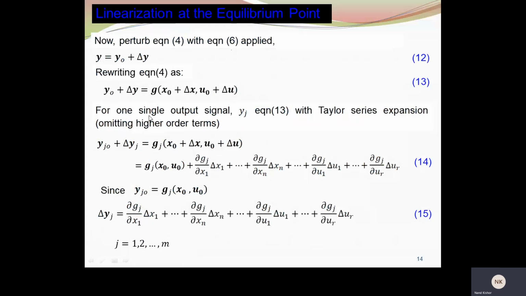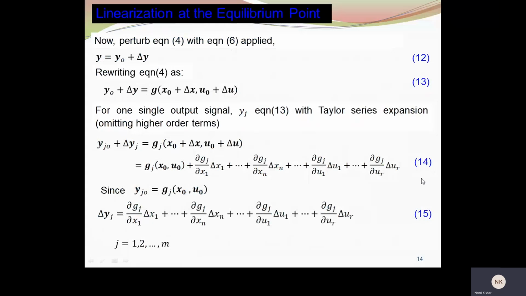Now with one single output signal, if we consider yj, let's take equation 13 again, using the Taylor series expansion and omitting the second and higher order terms, we can write it as an equation for one output variable.